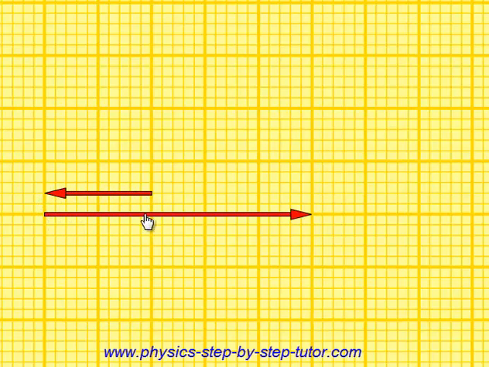I come join with this. I end here. This is where I started, and this is where I stopped. So how much is the resultant force from where I started to where I stopped? So the resultant is 15 newtons to the right. You can see how simple it is.